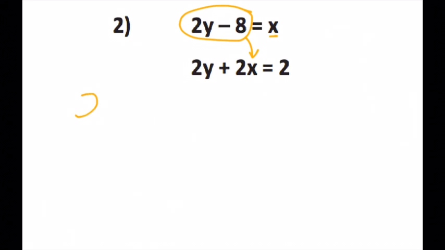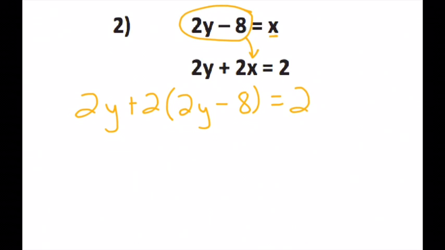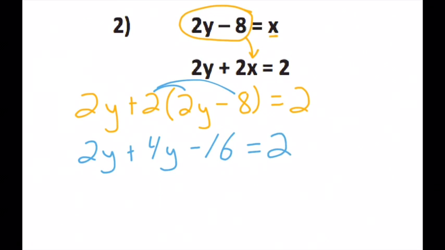So now I have 2y plus 2 parenthesis 2y subtract 8, close the parenthesis, equals 2. Now we want to distribute this 2 through. So we have 2y plus 4y subtract 16 equals 2.